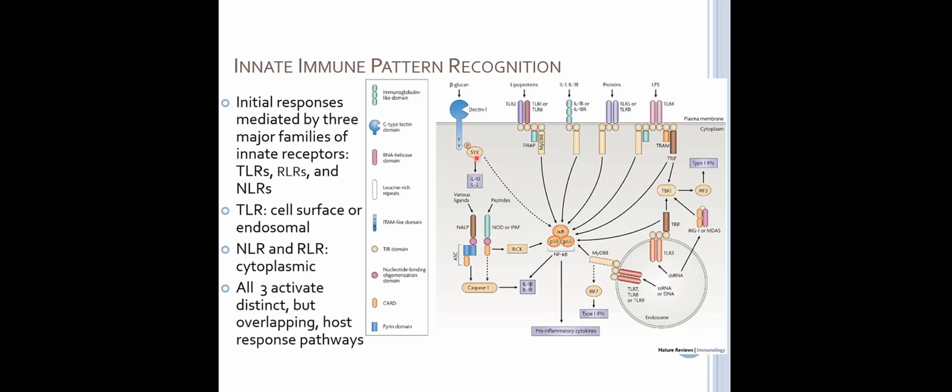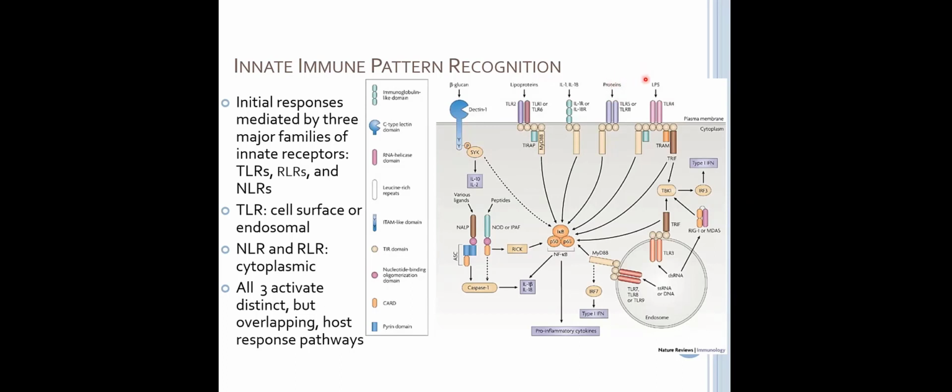So things that they might recognize are things like lipoproteins, so proteins that are modified by specific fatty acid structures that you don't normally make in your body, but that bacteria make all the time and that are critical components of the bacterial cell wall. There is also recognition of specific proteins that, again, you don't make in your body, like flagellin, which is the tail on certain bacteria, but that bacteria make and have to survive.